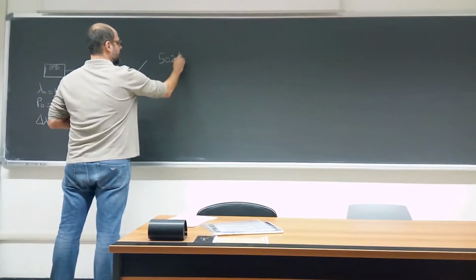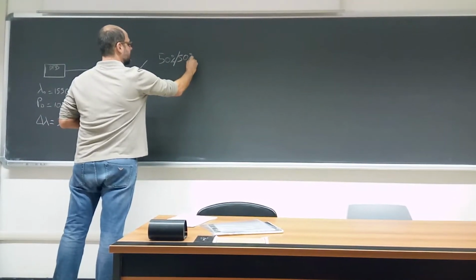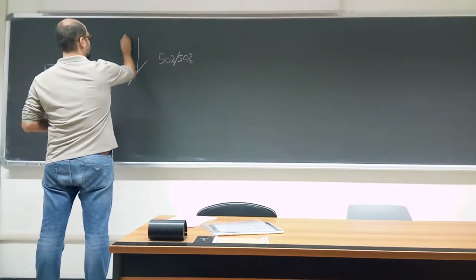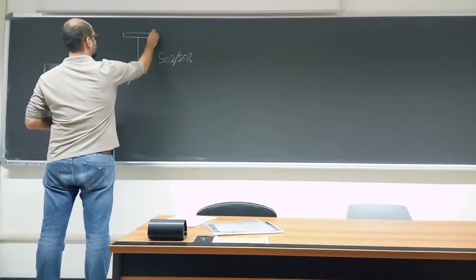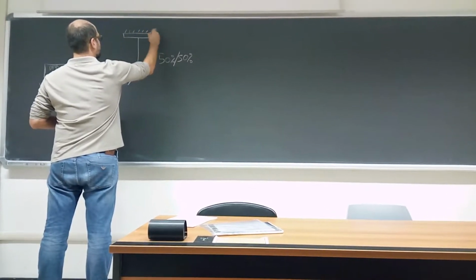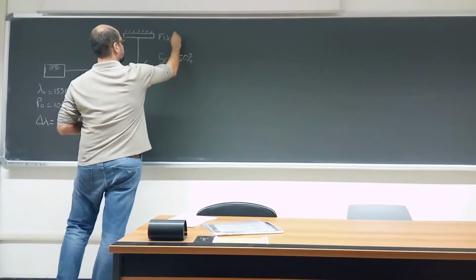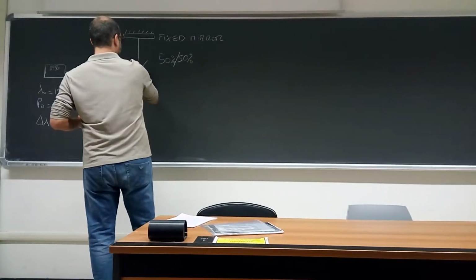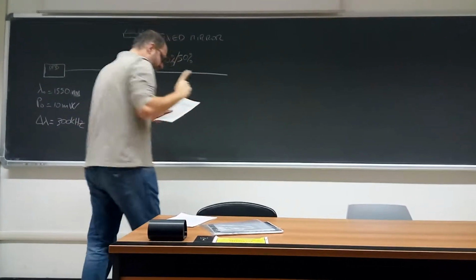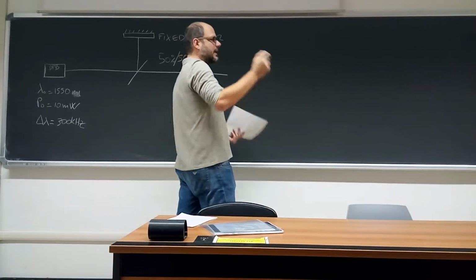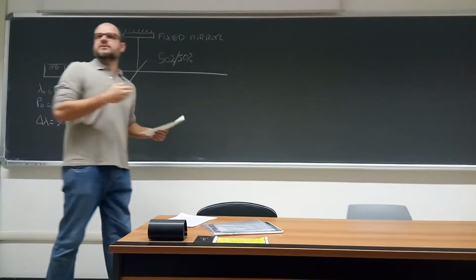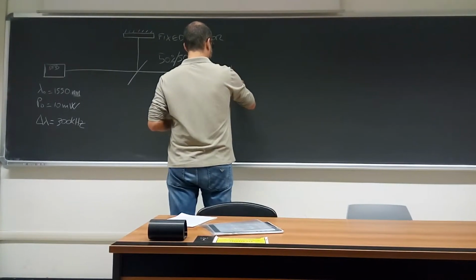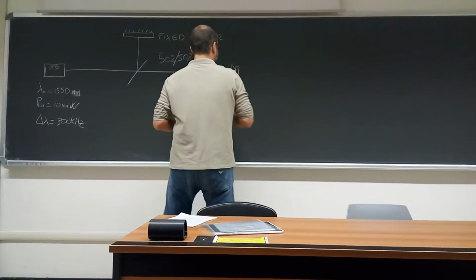So 50% of light is transmitted and 50% of light is reflected toward the fixed mirror, and then here you have the mover. Instead of a mirror, you have a corner cube that is mounted over a loudspeaker. Okay, so you have something like this.